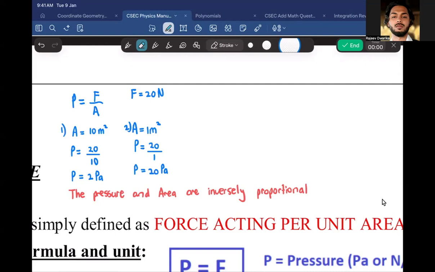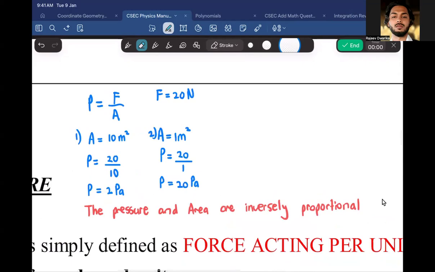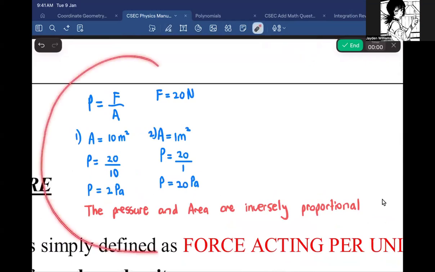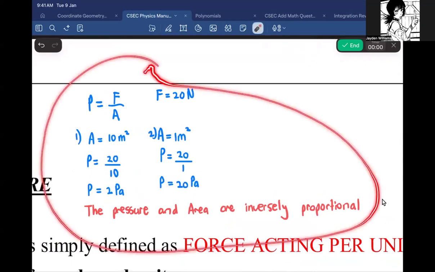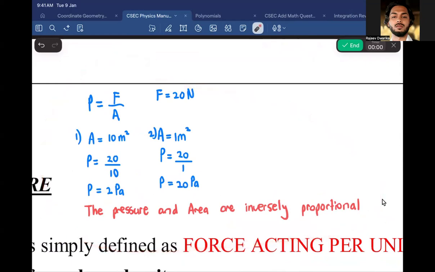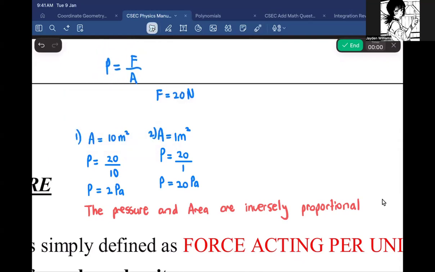Exactly. And in this case, if I were to drop the area, what is increasing? Look at this example and figure it out. The pascals.